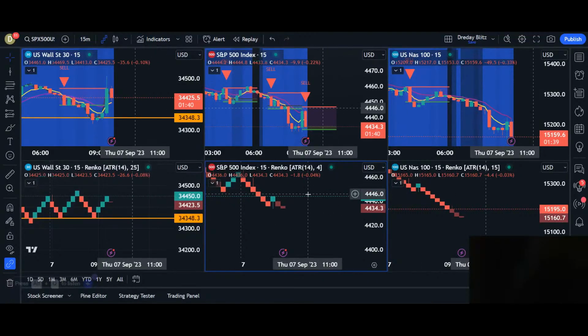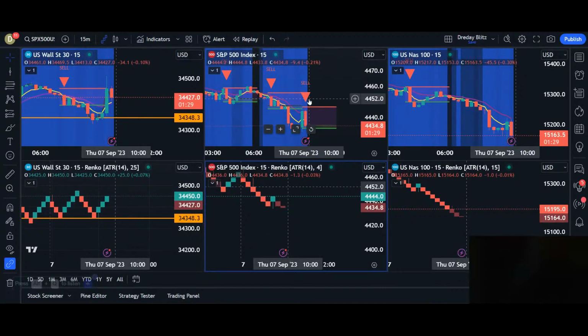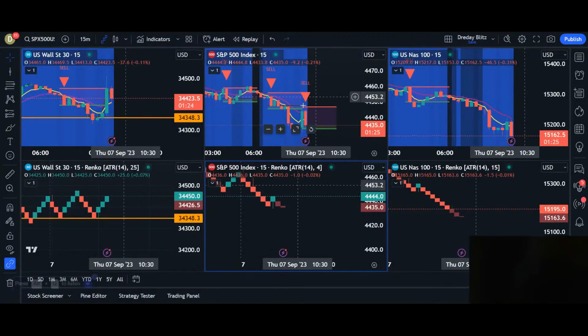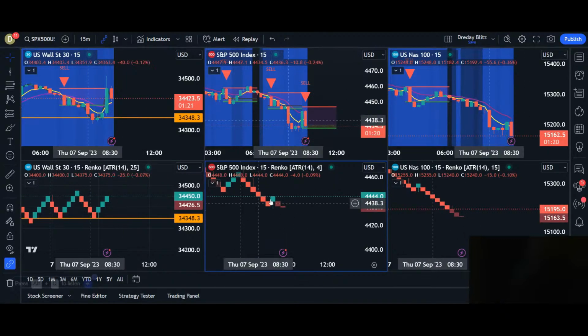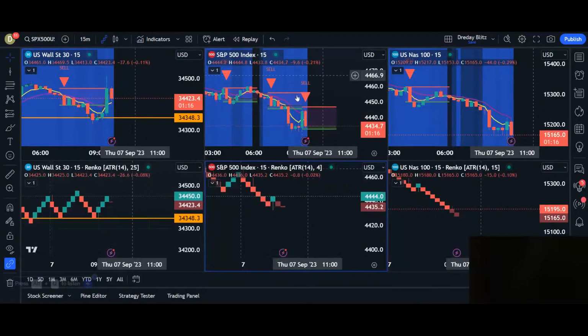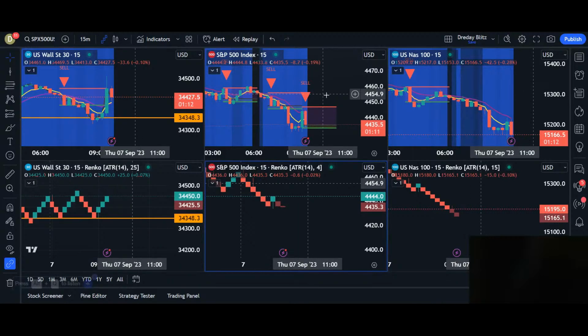We'll see the next candle for confirmation of the trend, but it seems that the S&P 500 is still going down. But if you were in that trade, make sure that you put your stop loss here at the top of the Renko bar, just to minimize your risk overall.